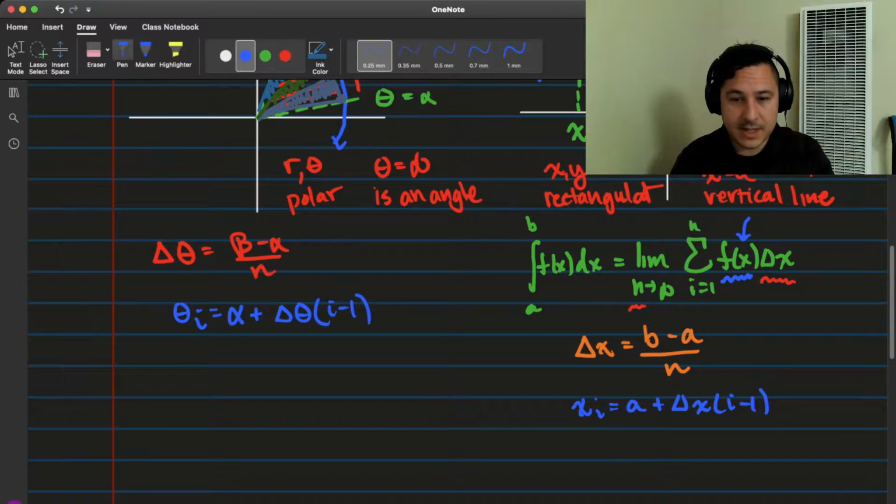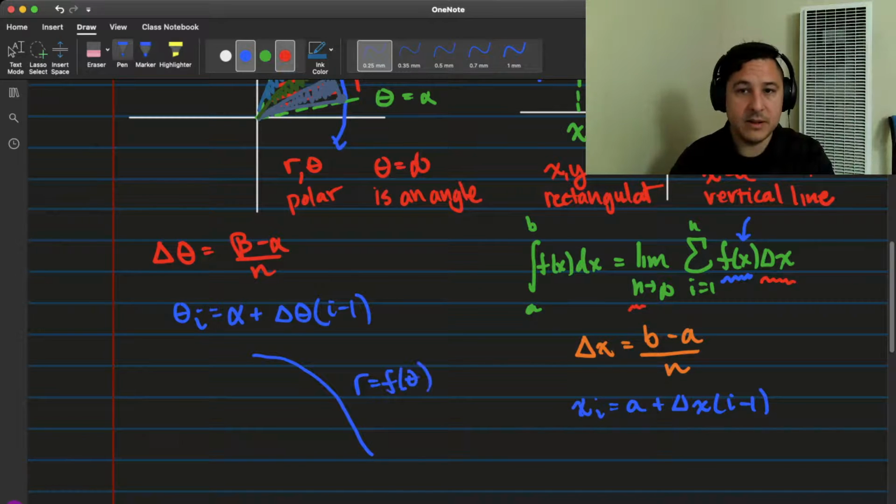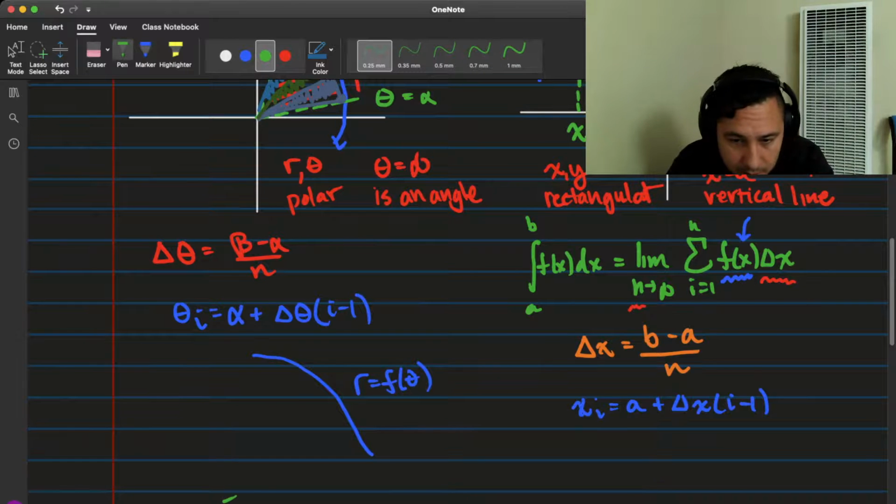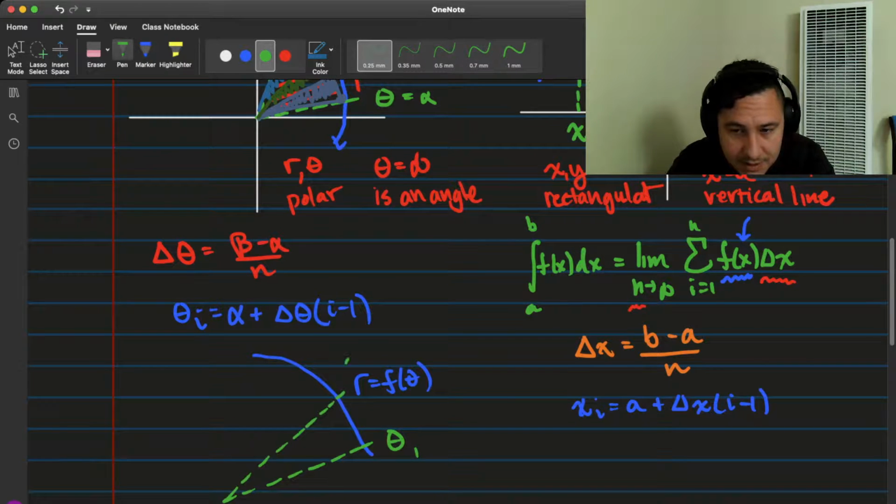So what this gives you is, if this is your r equals f of theta curve, this would be your theta 1. This would be your theta 2.